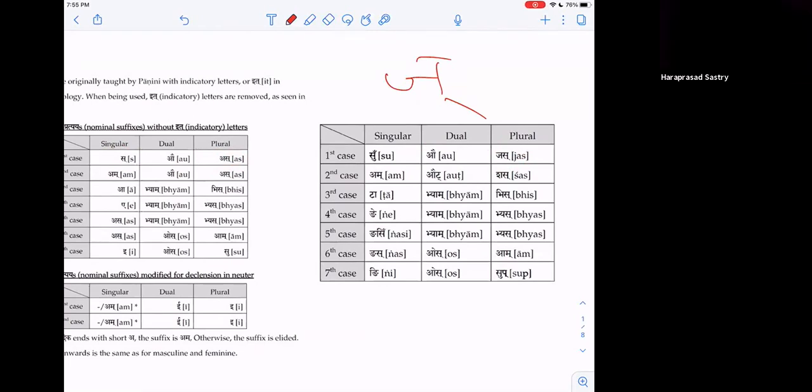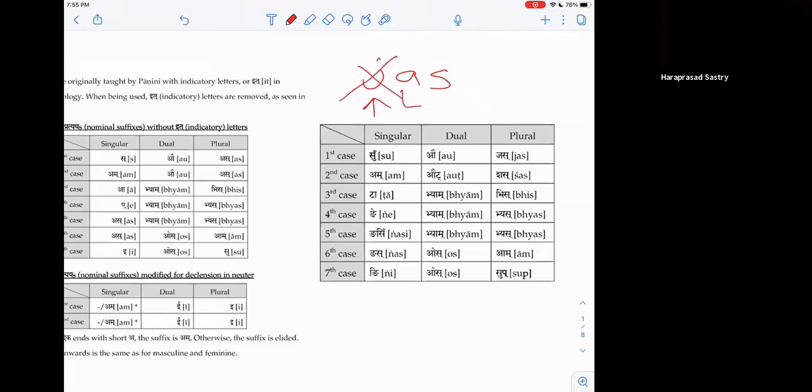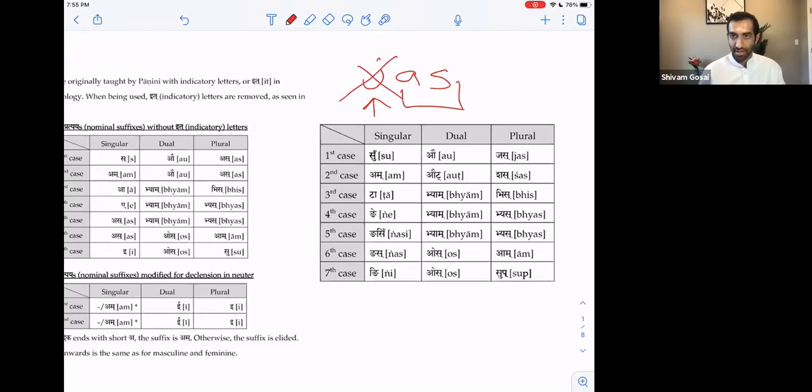Now, which is the it letter in jas? So let me write it in English. This might be J-A-S, right? And this J is the it letter, jakara. So this ja goes away, and what we're left with is us.